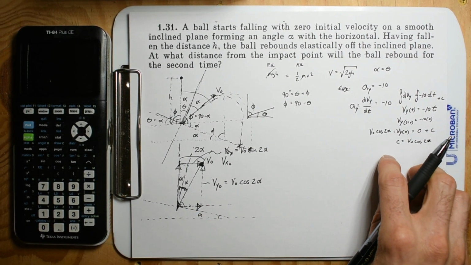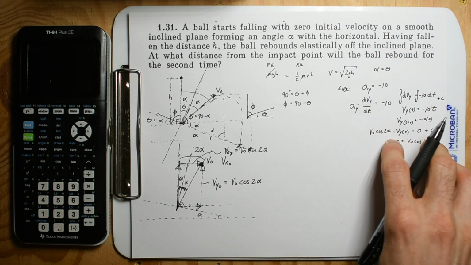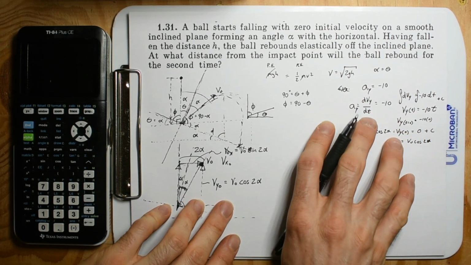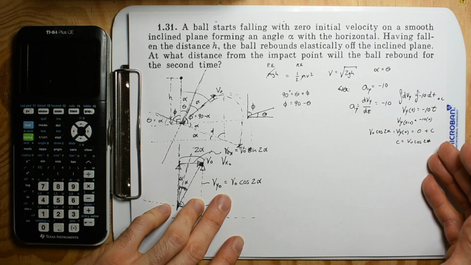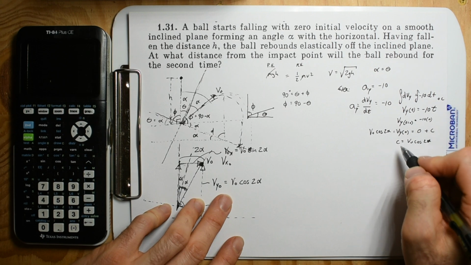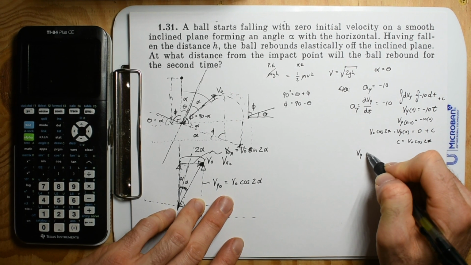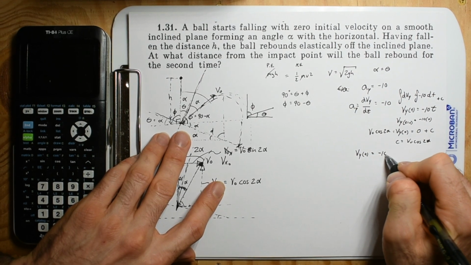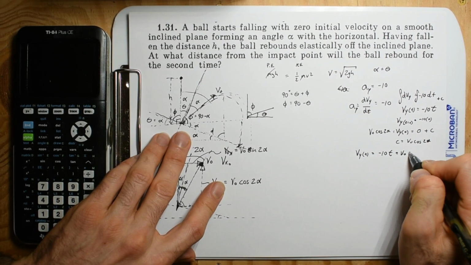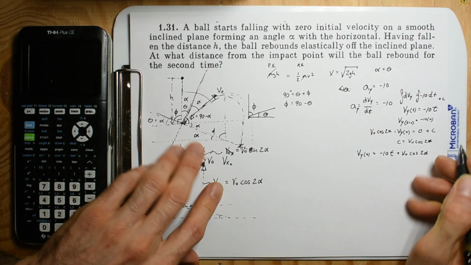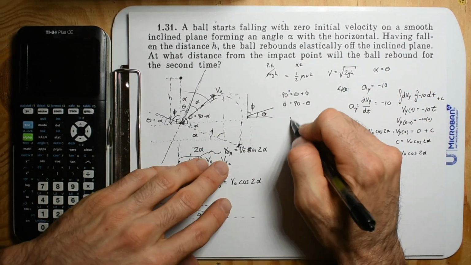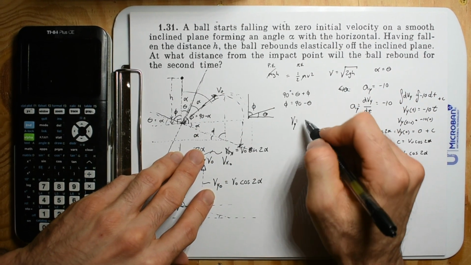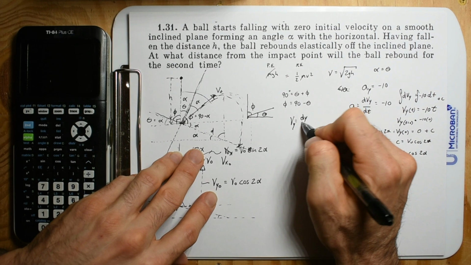My goal isn't really to go over the kinematics, but I guess we have to. So now we have an equation for our velocity in the y as a function of t: negative 10t plus v naught cosine 2 alpha. And we can say that velocity in the y is dy dt.